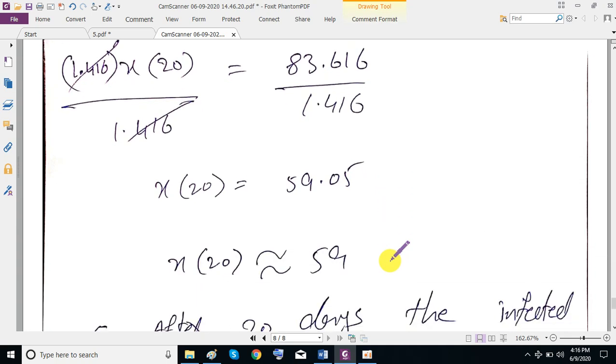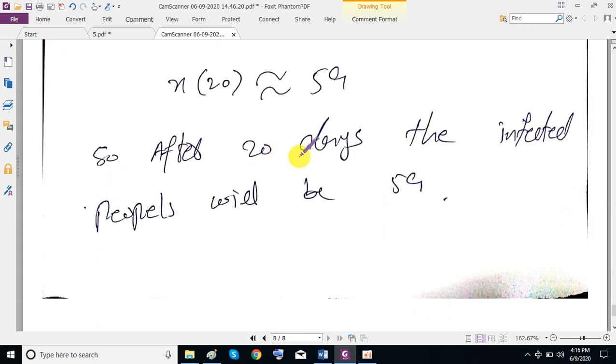This is approximately 59. So after 20 days, the infected people in the small community will be 59.